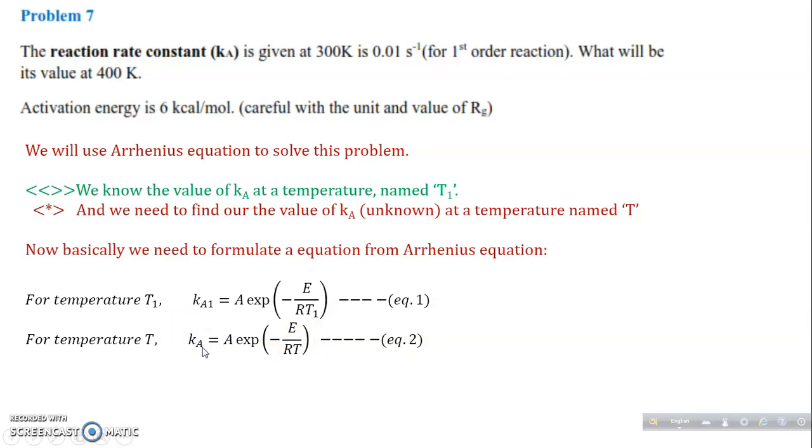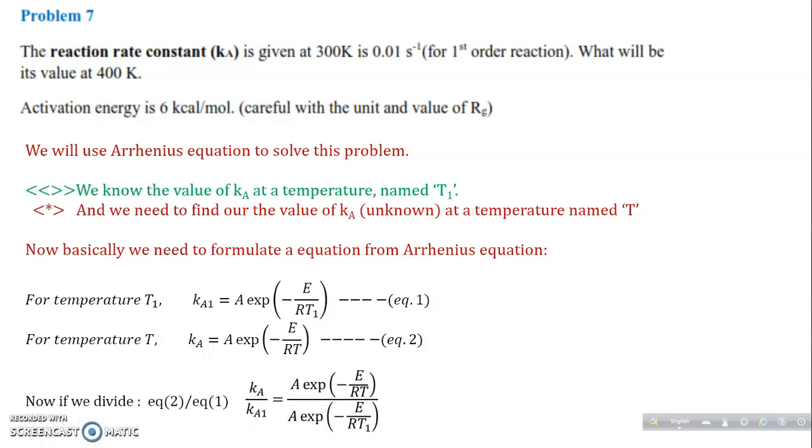So we can now divide equation 2 by equation 1. We can write Ka divided by Ka1, where Ka1 is known, equal to A exp minus E by RT divided by A exp minus E by RT1. You can see that the pre-exponential factor A cancels out from top and bottom, and we need to do the calculation for the exponential term.